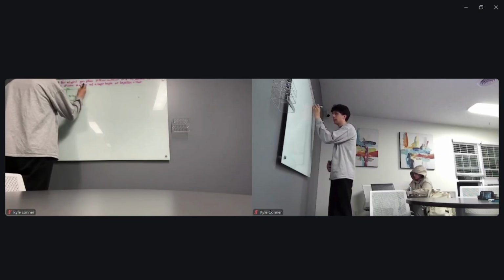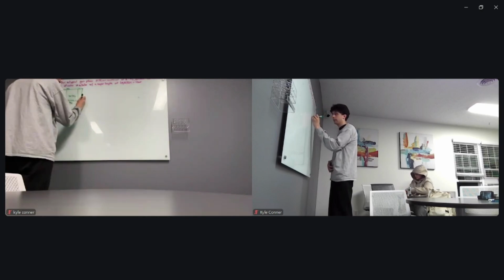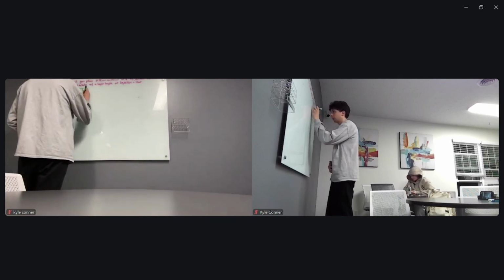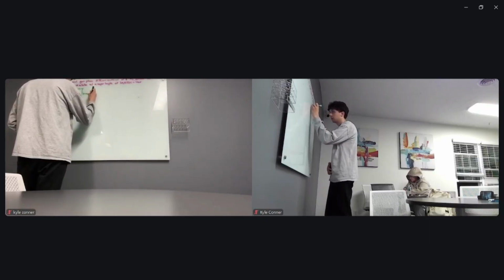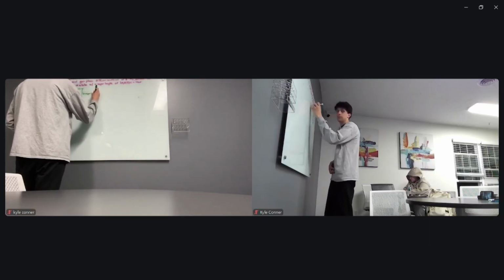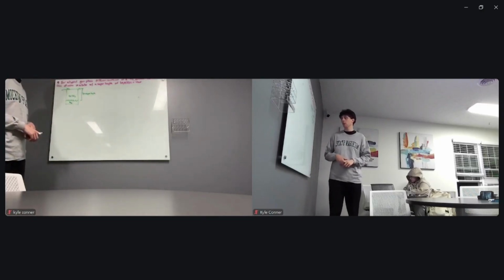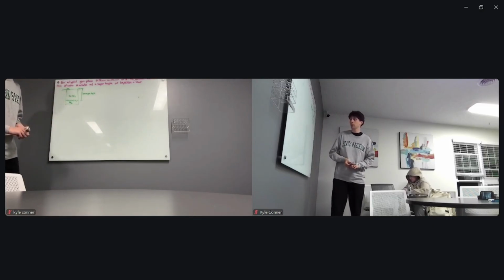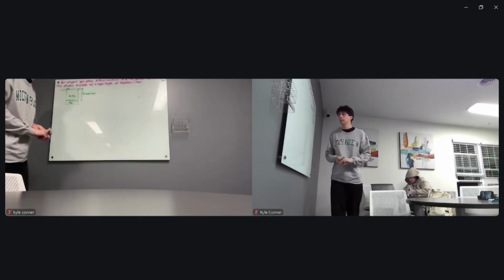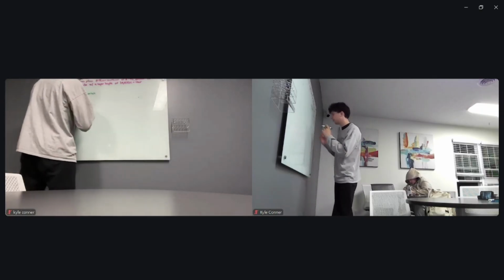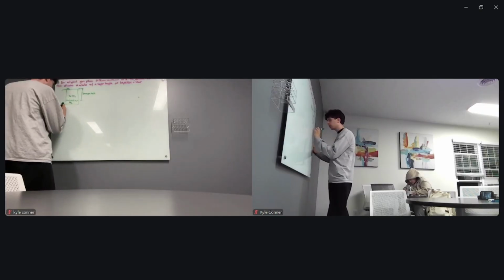Actually, this length right here is 1 meter, or our vapor length. So this is the situation that we're in. We have our water, our mixture, our dry nitrogen flowing over, and then our vapor length of 1 meter.